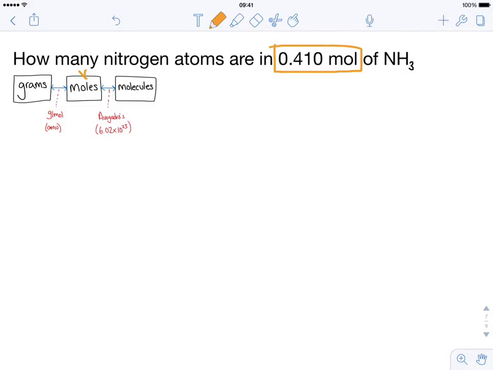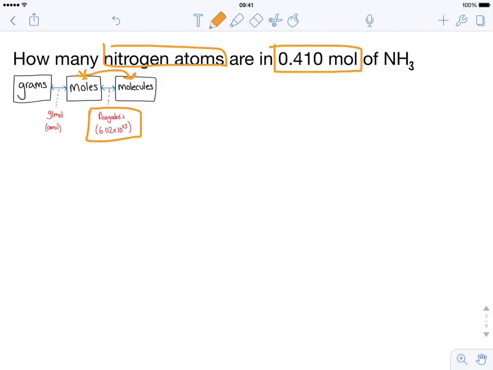So we know this is our starting point. And we're asked to find how many nitrogen atoms. So we know we want to go to molecules, right? Because molecules, atoms, basically the same thing. So how do we do that? We do that by using Avogadro's number. But notice the question isn't asking us for NH3 atoms. It's asking us for just nitrogen atoms. So we'll take a look at how we do that.